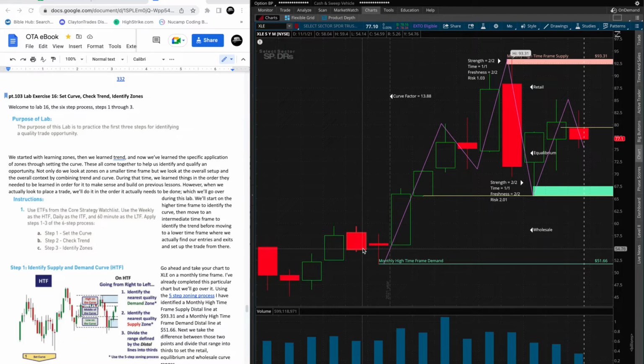It closes at $54.59. We have this candle which opens at $55.87 and closes at $55.50. Clearly we can see that it closes in the range of the previous candle. And if we come another candle over, we can see that this candle clearly extends beyond the range of this basing candle.